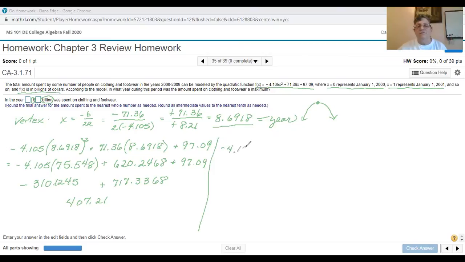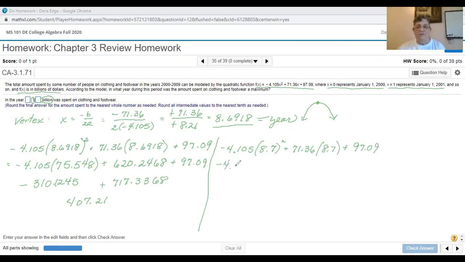Let's see if it makes a difference. Times 8.7 squared. Their numbers are not rounded to a tenth, so I didn't see any reason to round mine to a tenth.